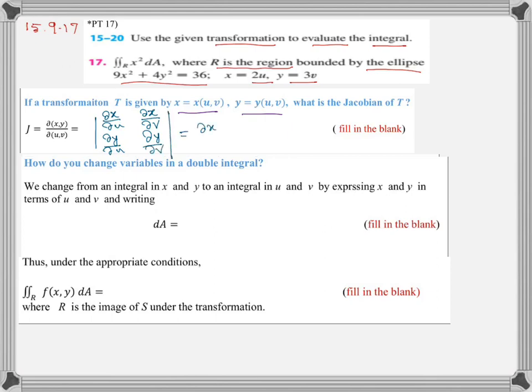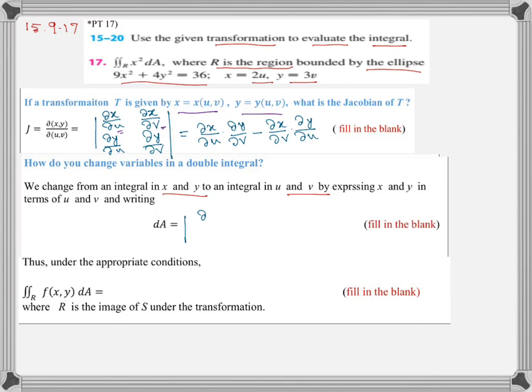Keep in mind this Jacobian is a determinant, and when I say partial x over partial u, I mean the partial derivative of x with respect to u, partial derivative of x with respect to v, and so on. So if you expand the determinant, you get partial x by partial u times partial y by partial v minus partial derivative of x with respect to v times partial derivative of y with respect to u.